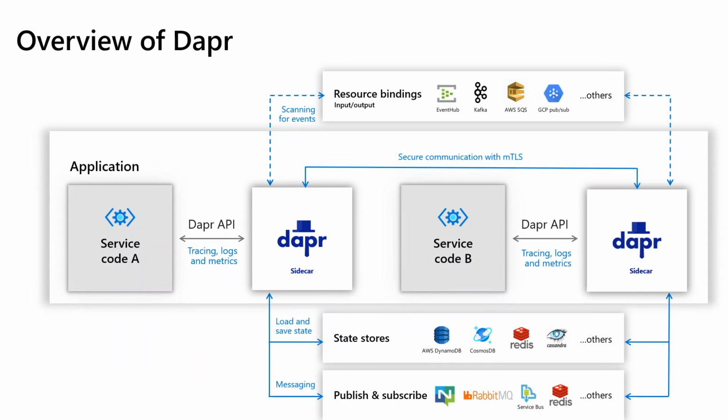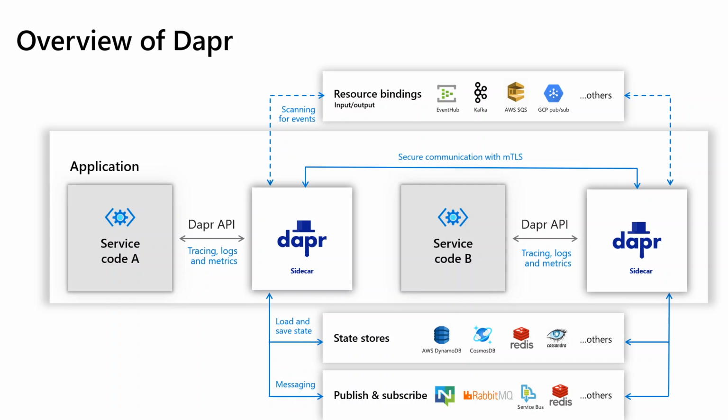Now, when you are going to run this in Kubernetes, of course, there is some additional plumbing involved here. So what you see here, there are two services. In my example, there will also be two services. And in Kubernetes, such a service is typically a container running in a pod. And there will also be another container in that pod, which we call the Dapr sidecar.